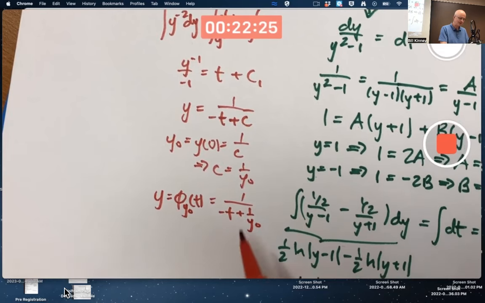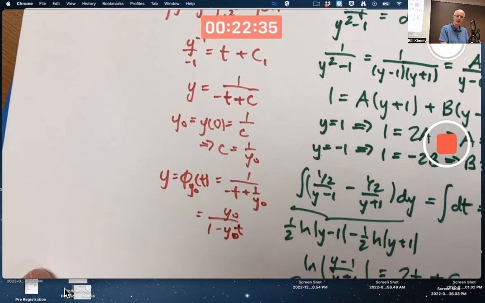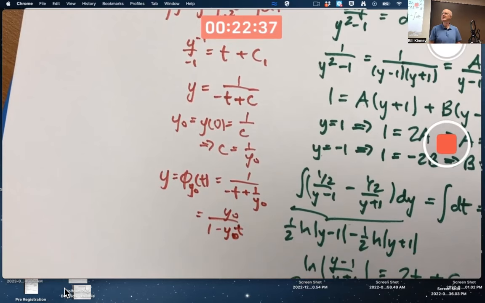So I can try to get rid of the fractions within fractions here by multiplying the top and the bottom by y naught and doing a little rearranging. That's a better way to write the solution because it does include the equilibrium solution when y naught is 0.